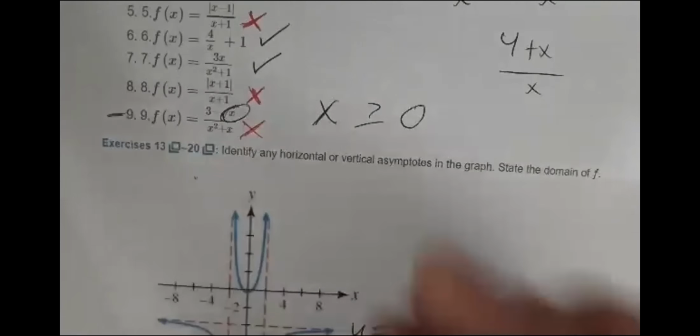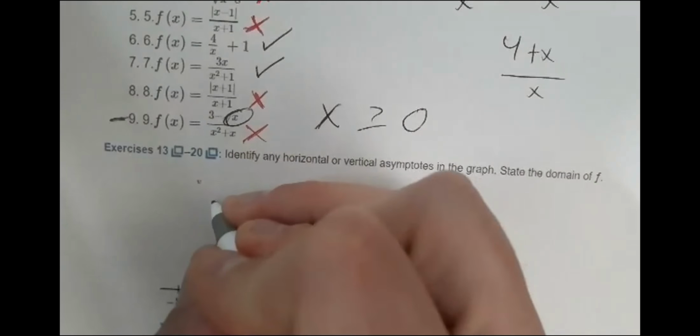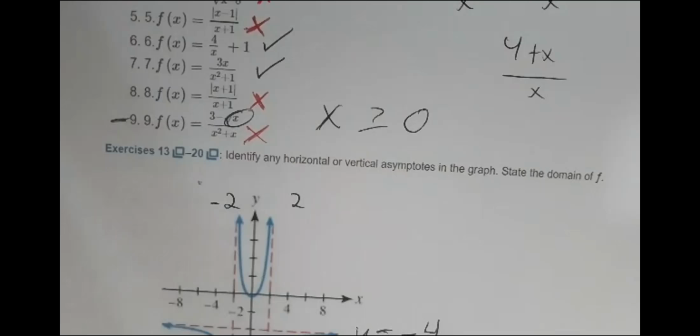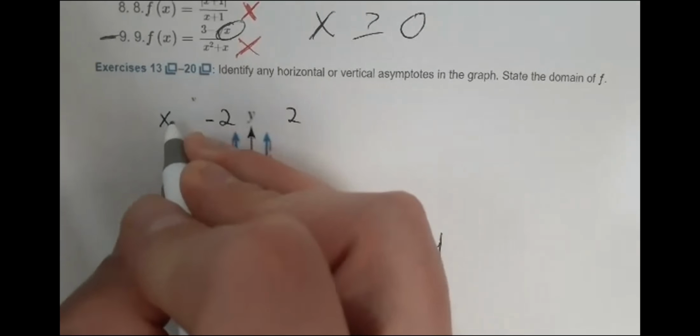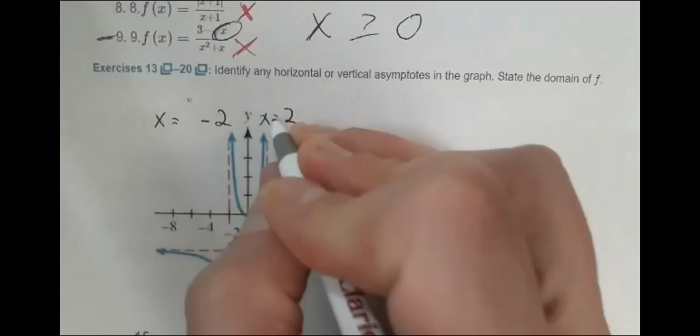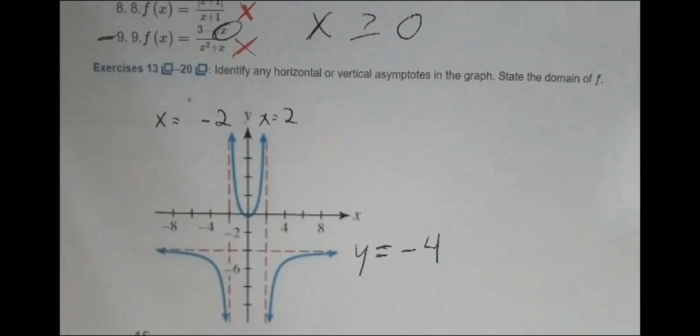Here, I'm getting a value of 2 over here, and I'm getting a value of -2 over here. Guess what variable I'm going to put on this guy? The other one. The one that's not y. And that's happening at what? 2 and -2. So x equals 2, x equals -2. Okay, state the domain.